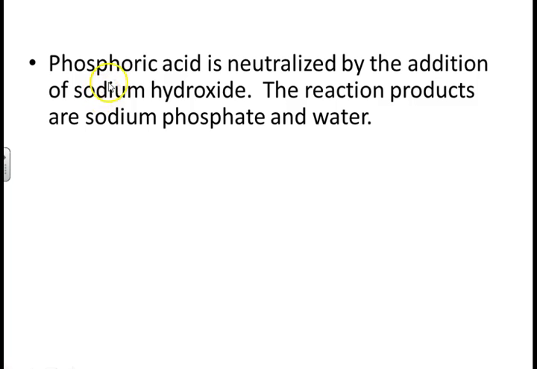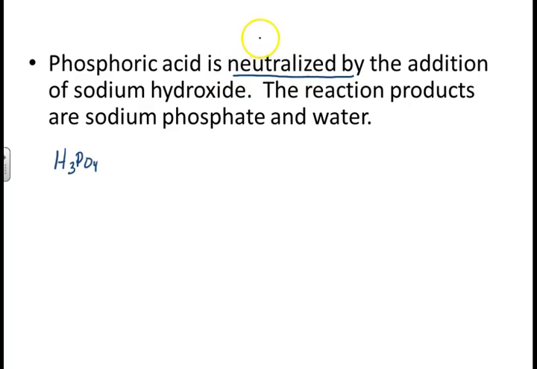Let's try another. Our next example, we're going to have phosphoric acid. Phosphoric acid is neutralized by the addition of sodium hydroxide. So, interpreting this, we would say phosphoric acid, H3PO4, is neutralized by.